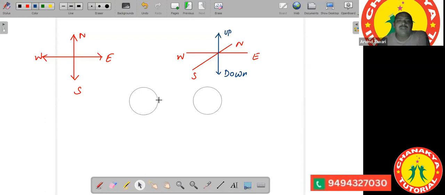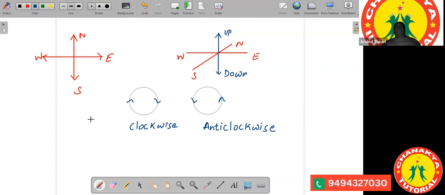For example, if in this circle someone is moving like this, this is your clockwise motion. If someone is moving like this, this is your anti-clockwise motion. If something is moving along the clock needles, as the clock needles move, then that is clockwise motion. If something is moving against that, that is anti-clockwise motion.